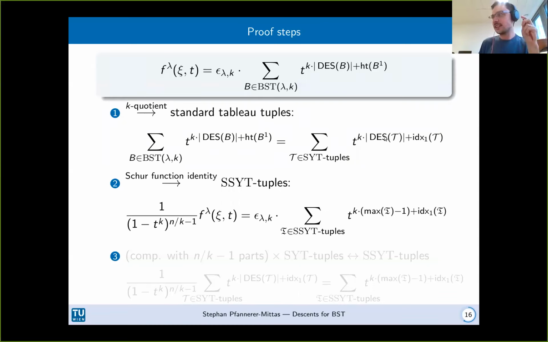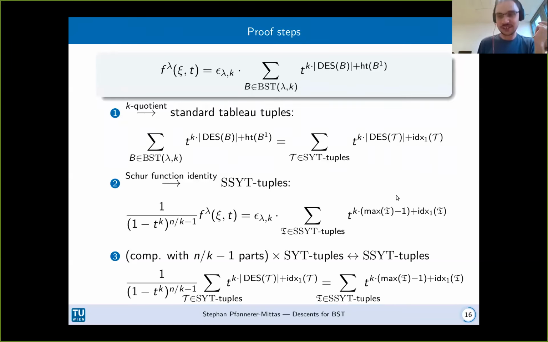And then if you take a look at these sums, they kind of have a similar structure, at least if you look at the powers here with k times a statistic plus whatever this index is for the moment. And here with t to the power of a multiple of k again, plus something that looks really similar as before. And this already hints that the final part will be indeed a bijection, and you will see this in the end. So let's start with the first part.